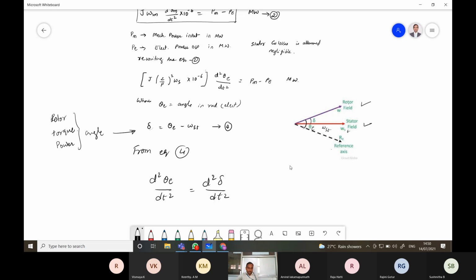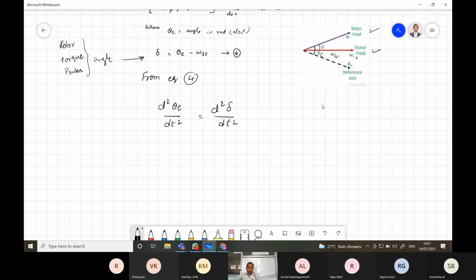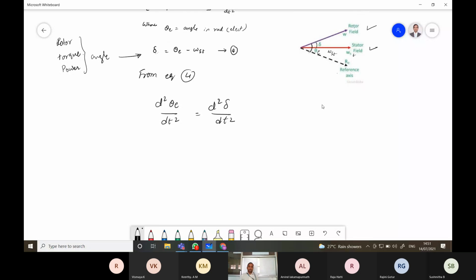Equation 3 can be written in terms of delta as M into d square delta by dt square is equal to Pm minus Pe.